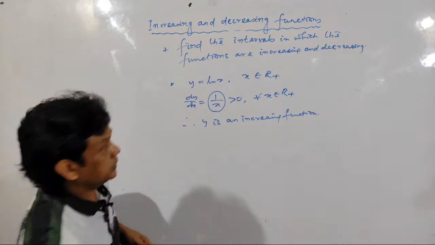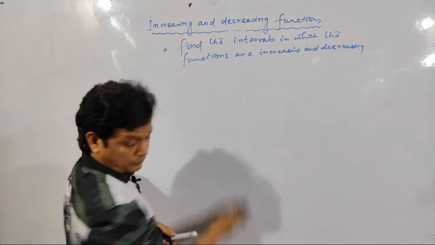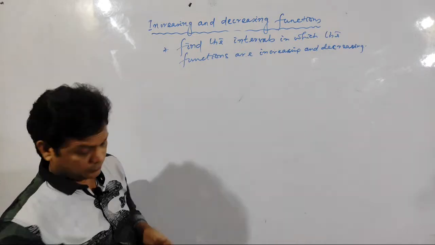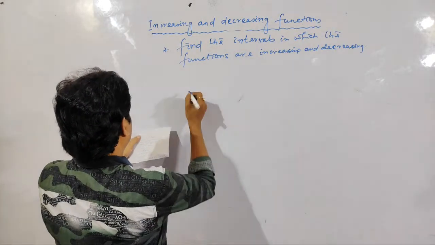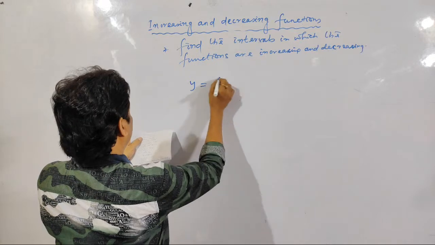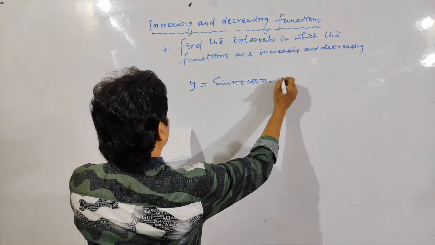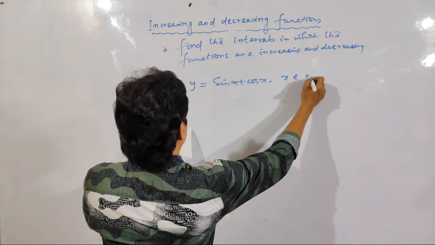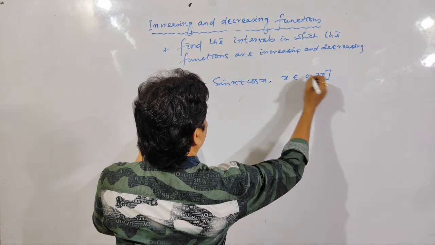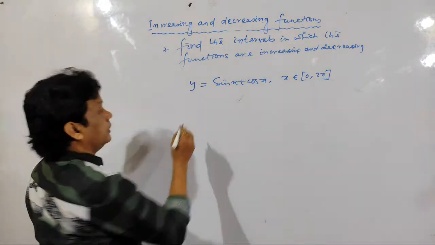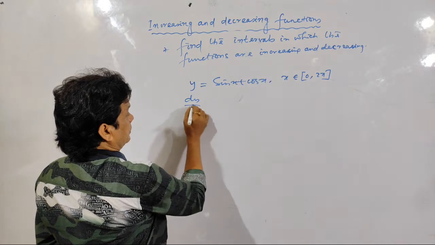Now another question. Y is equal to sin x plus cos x when x belongs to 0 to pi closed interval. See, what is dy by dx?